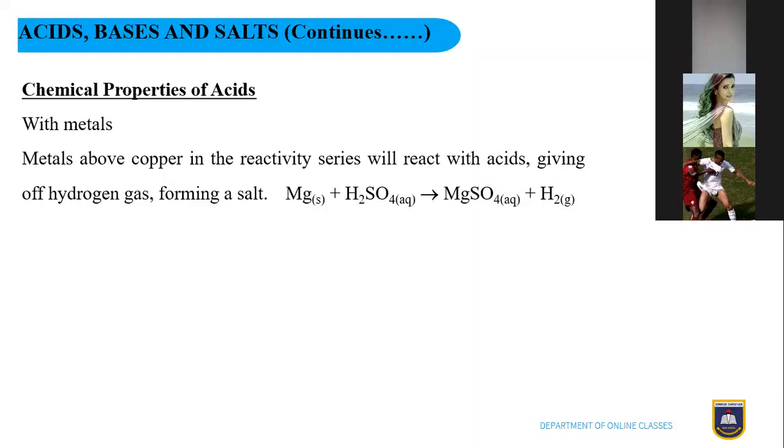So all the metals that are above hydrogen in the reactivity series, anytime they react with an acid, they displace hydrogen and give off hydrogen gas. This reaction is a displacement reaction. Magnesium is above hydrogen, so magnesium can displace hydrogen. Acids react with metals to liberate hydrogen gas, but not all metals. It is only metals that are above hydrogen in the reactivity series.